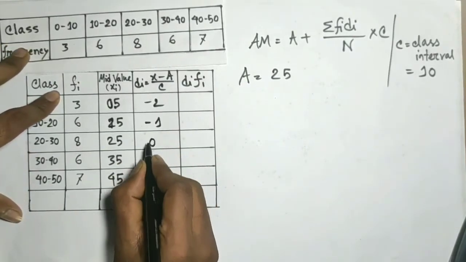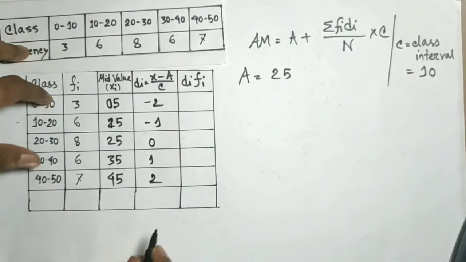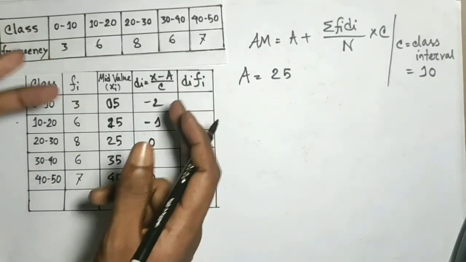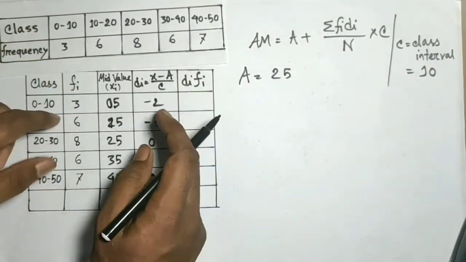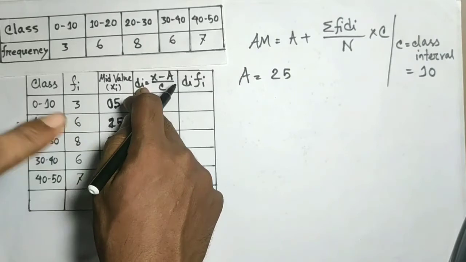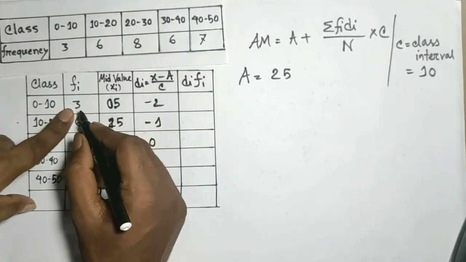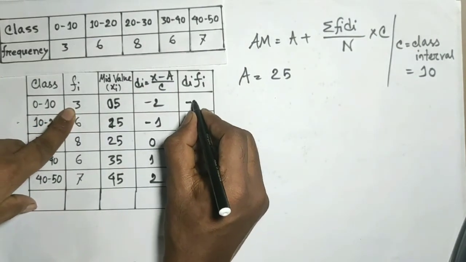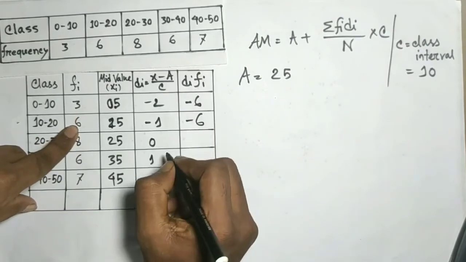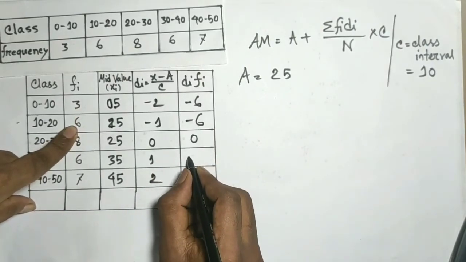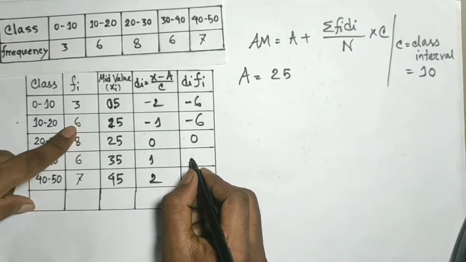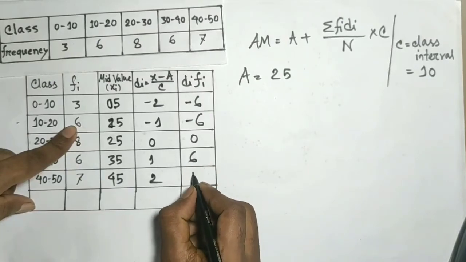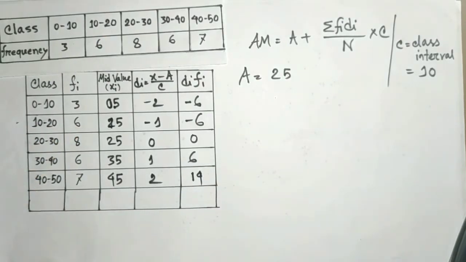That's minus 1, 0, 1 and 2, and finally we have to multiply this individual deviation with the corresponding frequency, and the result will be 3 into minus 2, that is minus 6, 6 into minus 1, minus 6, 0, 6 and 14.